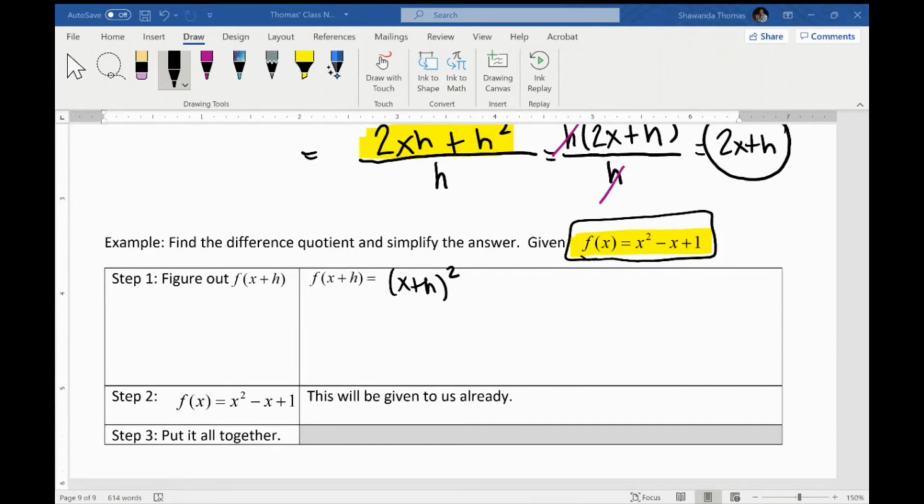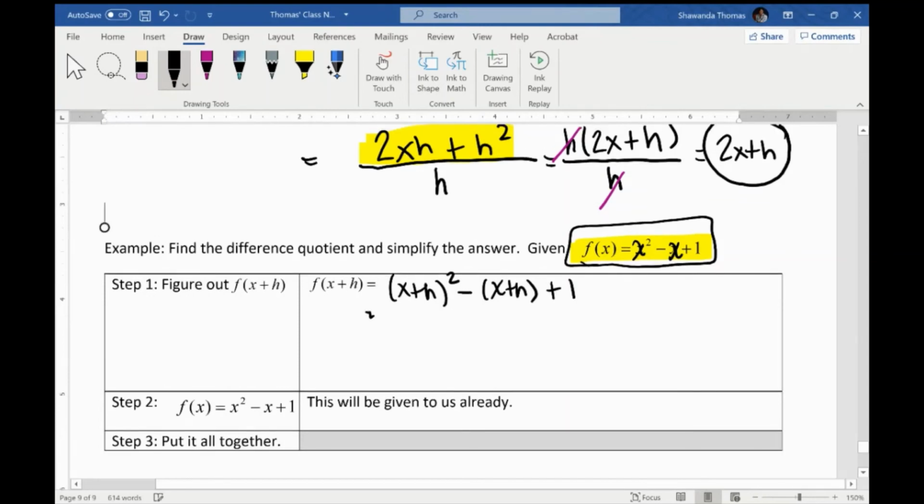What's crucial that I put in front of x plus h? The parentheses, because we have a minus right here, x plus h, and then we have plus 1. So all we did was replace all of these x's with x plus h. But whenever you have a minus sign, please put a parenthesis after that minus sign, or else your signs will be wrong. All right? Can someone tell me what is x plus h squared?